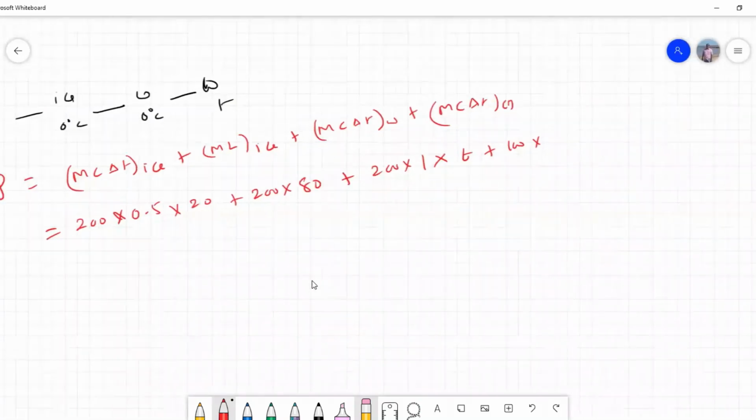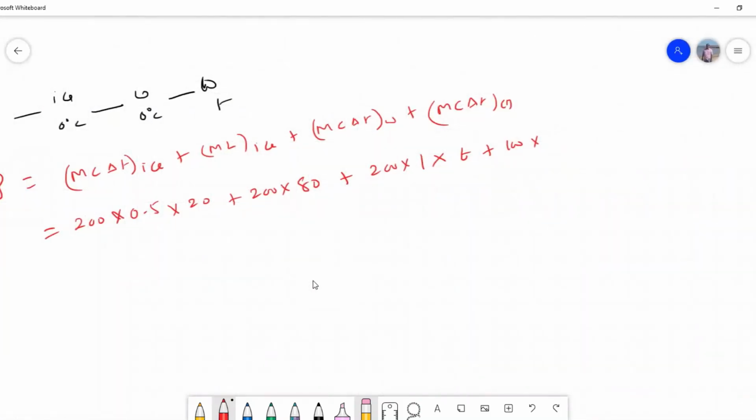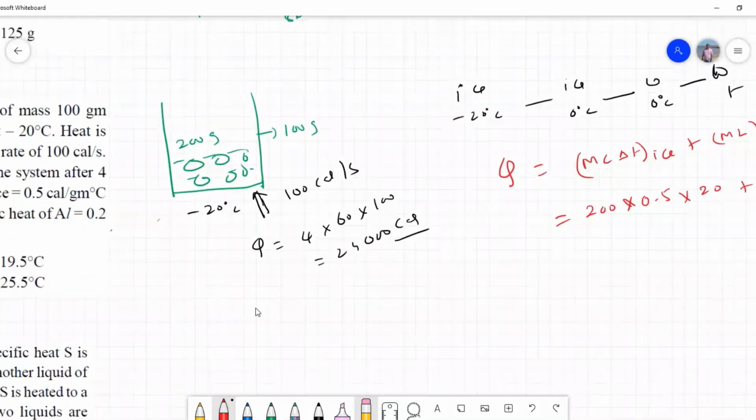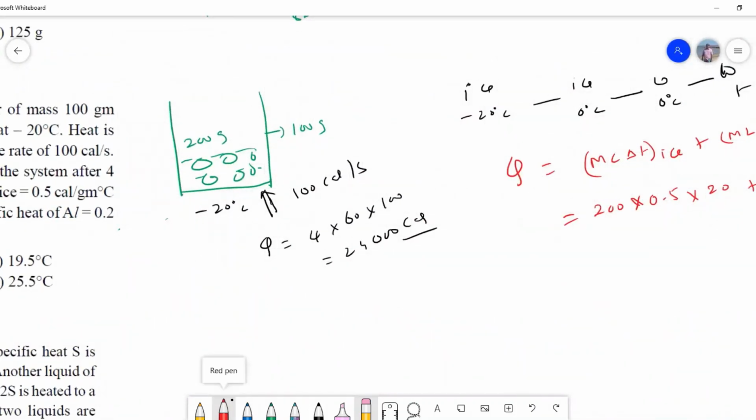So 0.2 into, very important, the initial temperature of aluminum is also minus 20 because of ice. So here it becomes T plus 20. This is a crucial step. Initially, the temperature of aluminum is also minus 20 degrees centigrade, because ice is at minus 20, and the temperature of this will also be the same.